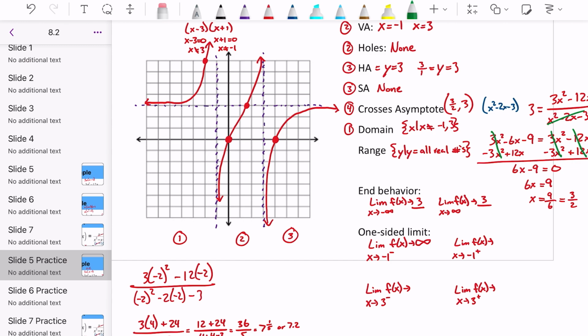So as we get closer and closer towards -1 from the left side, notice it is continuing to go up. And from the right side, as we get closer to our -1 from the right side, it continues to go downward.